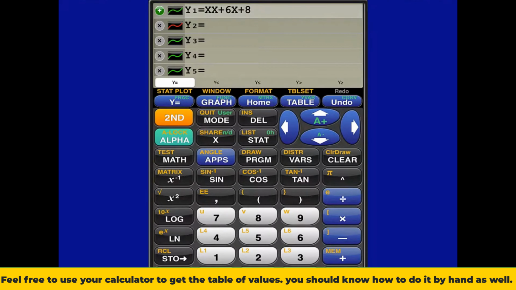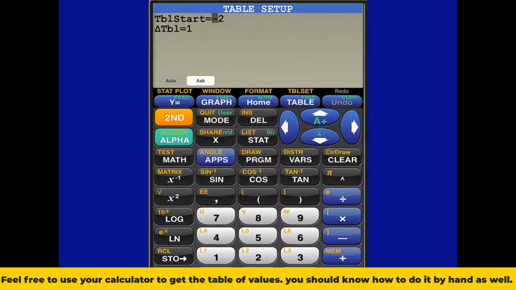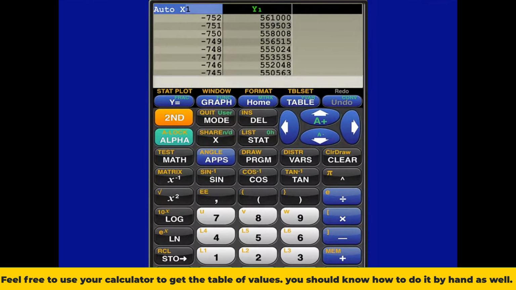And you can go to something called your table, so it's above the up key. I don't have to press second, just press table. Mine has something, so you can change it: second table, and you can highlight auto if you want, since they're whole numbers, and then go back to table.